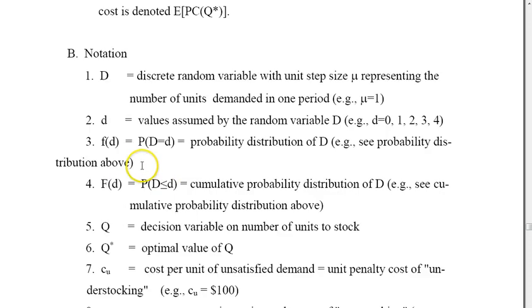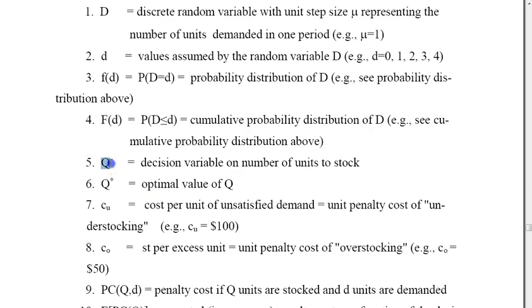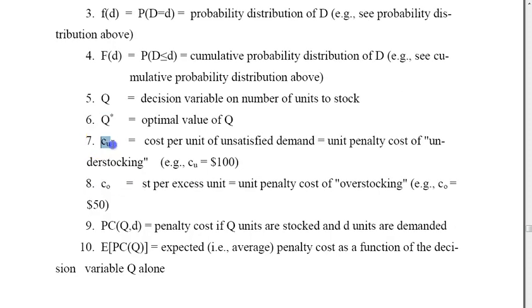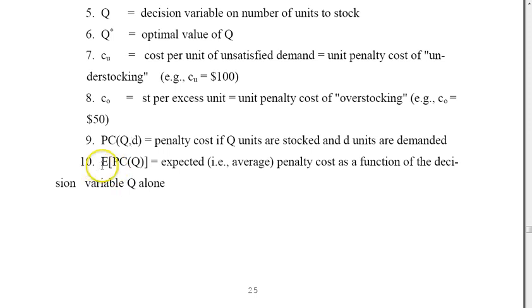So we use the following notation, just to recap. D is the discrete random variable, small d is its values, f of d is the probability distribution of D, capital F of d is the cumulative distribution, q is the decision variable on how many units to stock or how many permanent hires to have, q star is the optimal value, cu is the cost of understocking, in this case $100, co is the cost of overstocking, which is $50, and PC of q, d is the penalty cost if q units are stocked and d units are demanded, so we hire q but d fail, and we take the expected value of that.